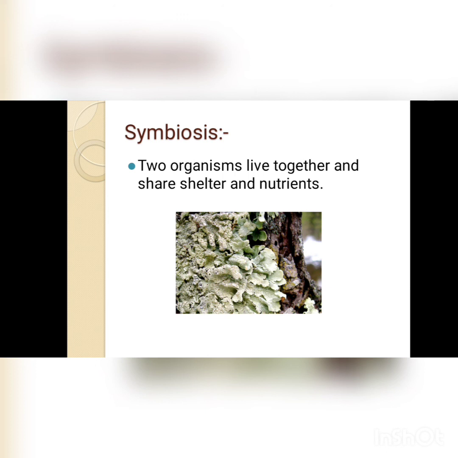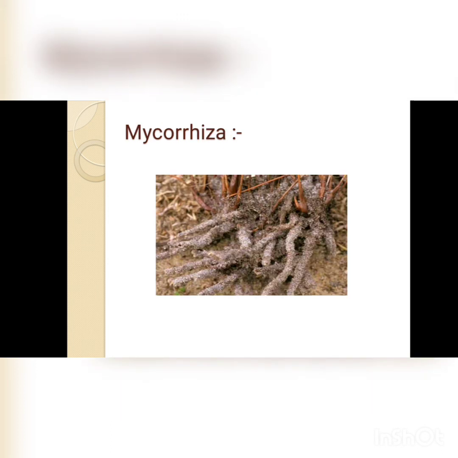It means the two organisms are living together for the fulfillment of their nutrition. Look at this. This is mycorrhiza. It also shows a symbiotic association, living in the roots of trees. Why? Because the tree does photosynthesis and the fungi live on the tree for the fulfillment of their nutrition. Clear?